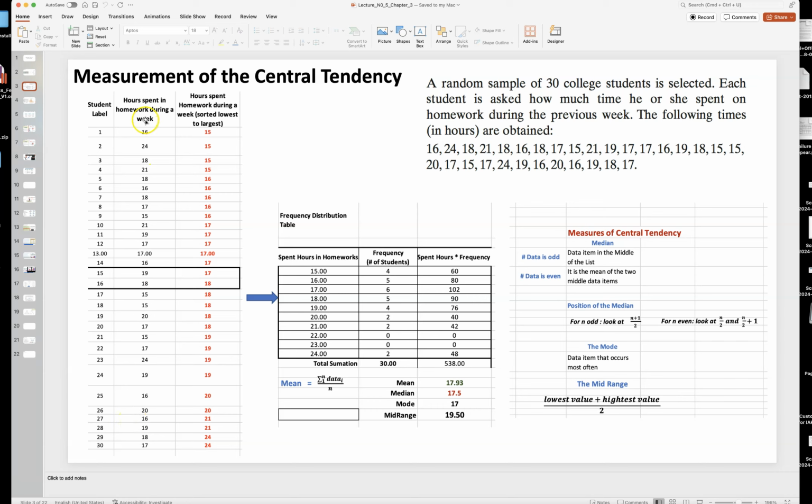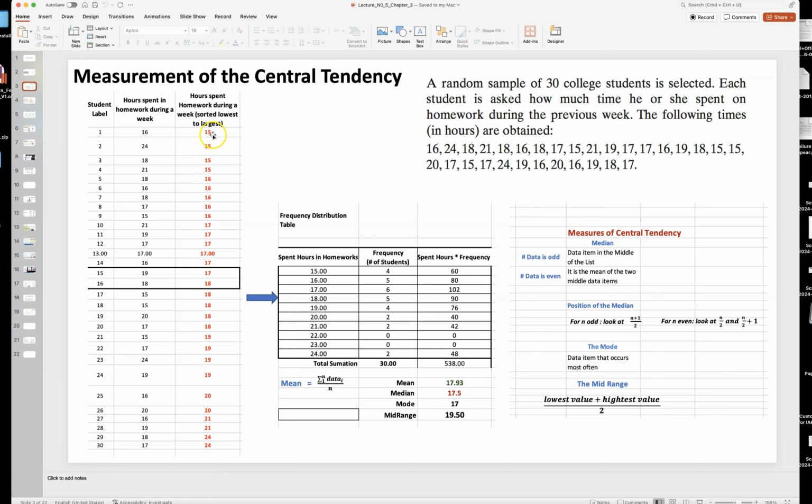Okay, so you have all that information and you collect it in your spreadsheet, and then what you're going to do is copy this column into another one, let's say the next one, and then you sort this column from the lowest to the highest values. Okay, and that's what I have over here.